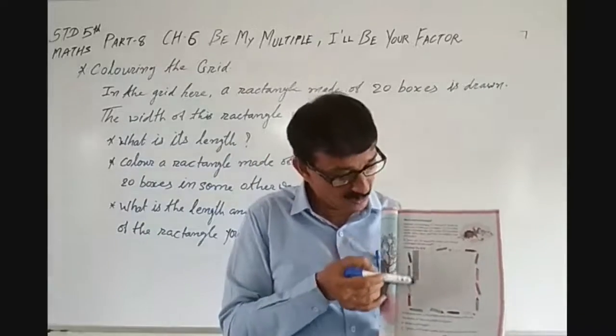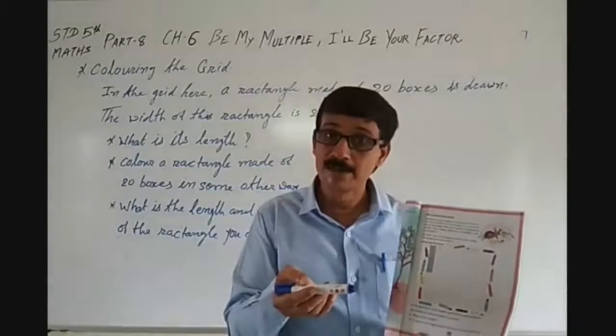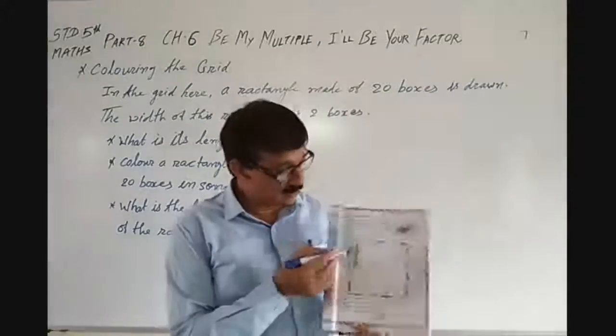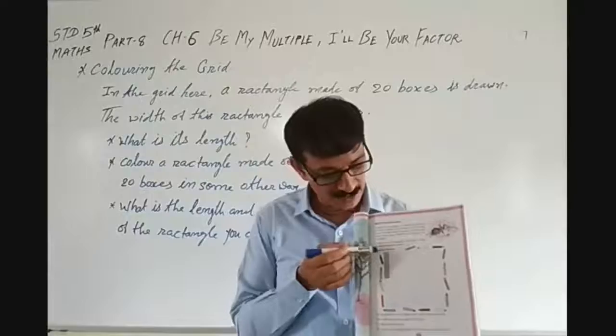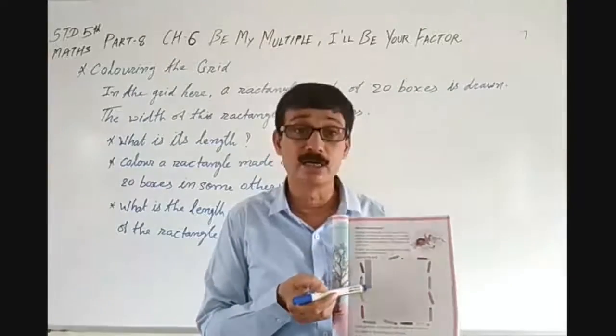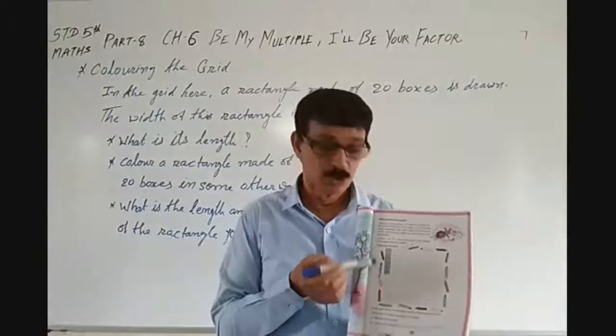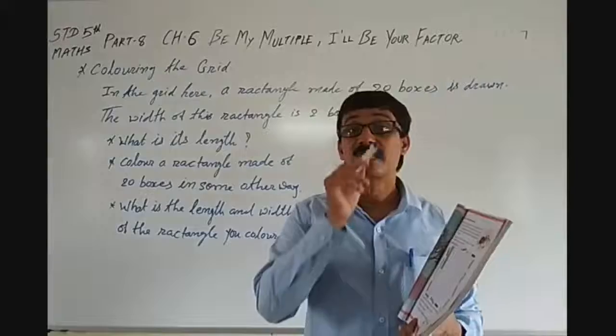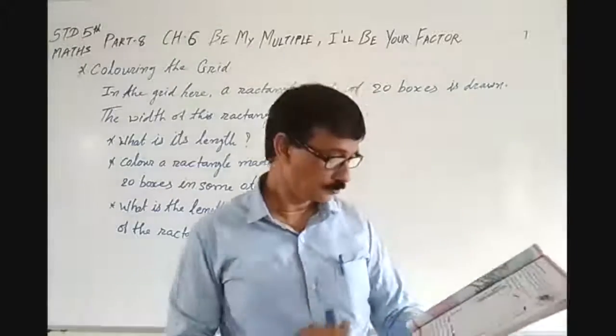So this length should be 10 only, isn't it? So what is its length? Its length is 10, and you can see also, 1, 2, 3 like that. Here you can see 10. So this is 2 and 10, and we will write it as 10 multiplied by 2.